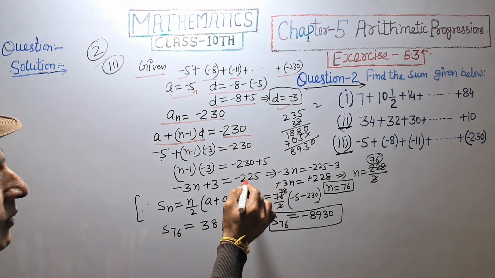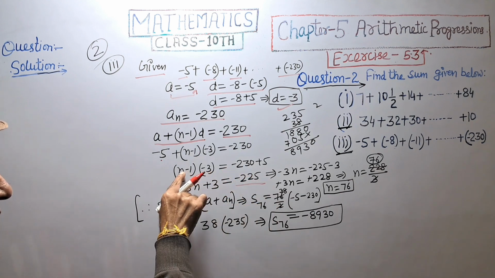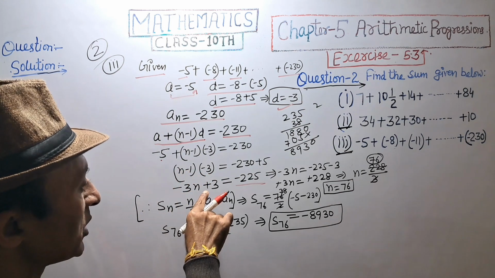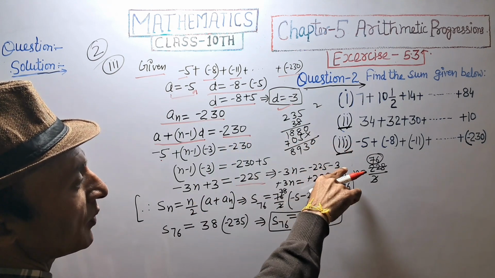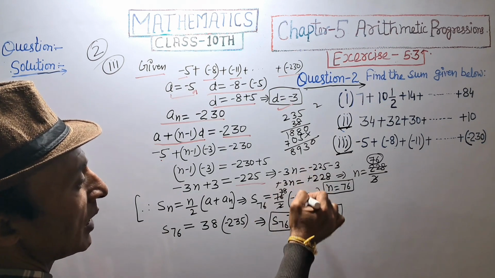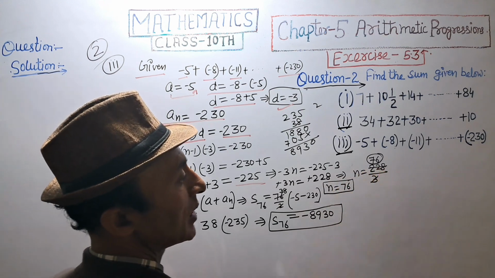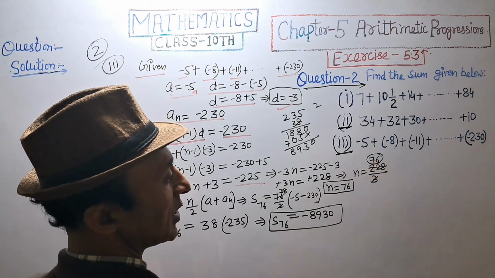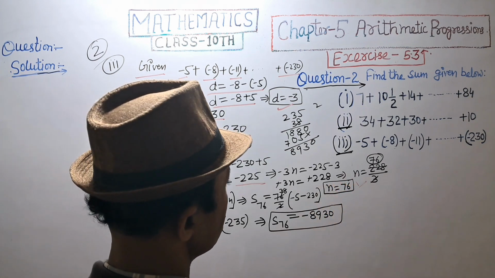Minus 230 plus 5, that is minus 225. Minus 3 multiplied by n is 3n, minus 3 multiplied by minus 1, that is positive 3. Shifting 3 right side, minus 3. 225 plus 3 is 228. Negative is cancelled, and we get the value of n, 228 divided by 3, which is 76. So n is equal to 76.